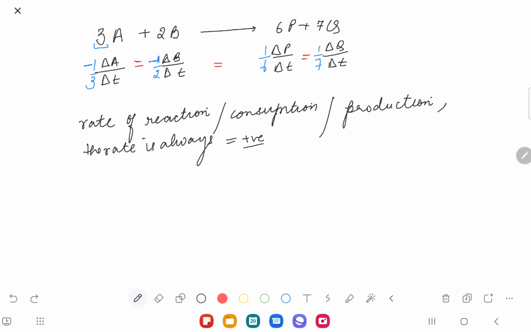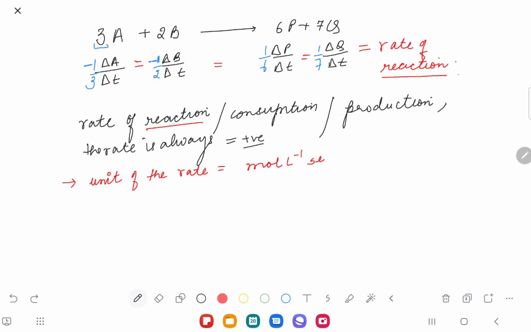So now, whenever I get to see a certain reaction, this would be my rate of reaction. So the key points here would be the unit of the rate of consumption or the rate of production or the rate of reaction. What would it be, Shruti? Unit of the rate would be moles per liter per second, because that is nothing but the change in concentration over time.